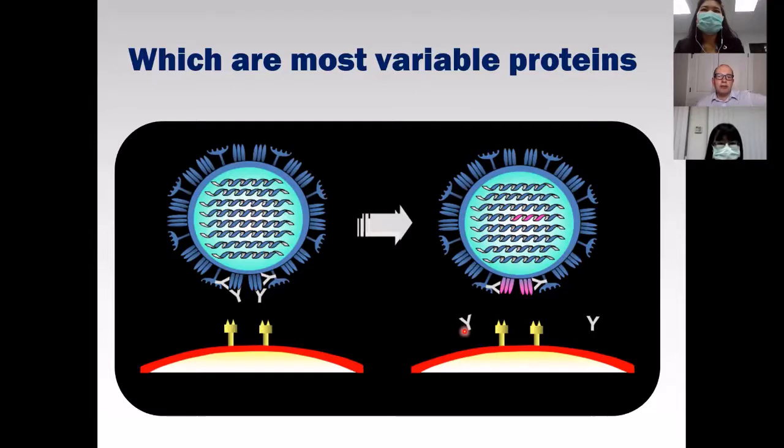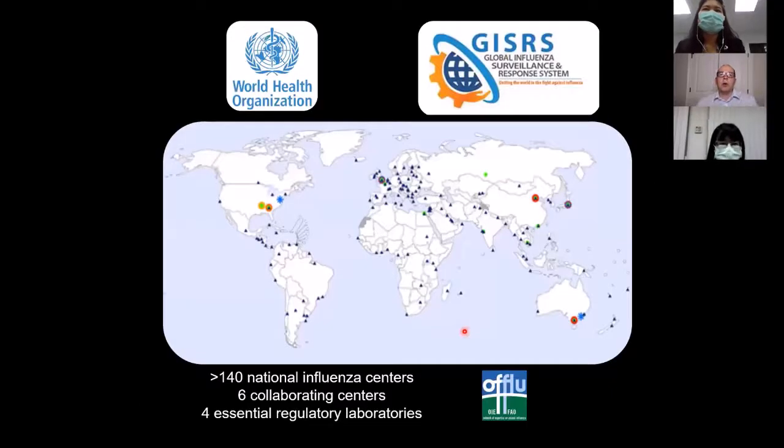And about 70 years ago, the World Health Organization realized that to have a successful vaccination campaign and successful flu vaccines, they had to put in place a global monitoring system.